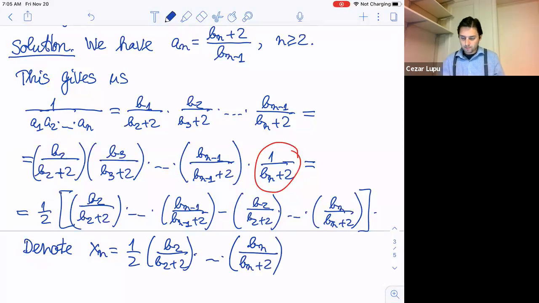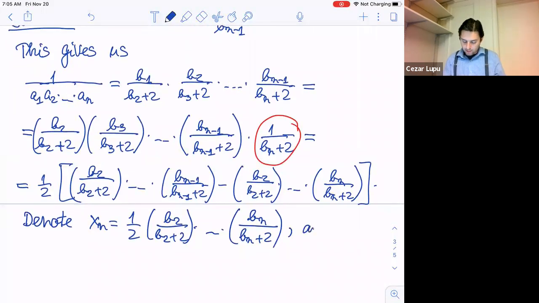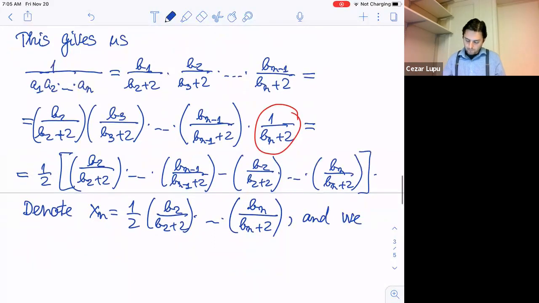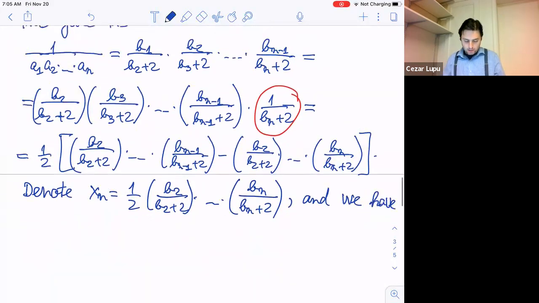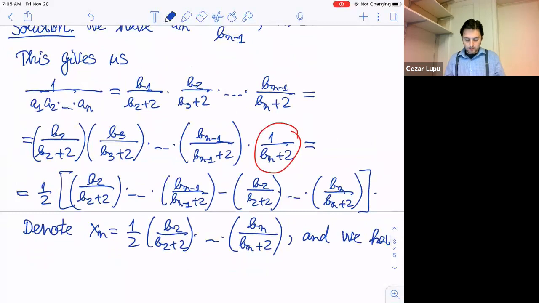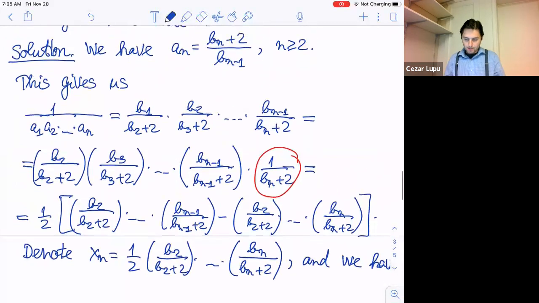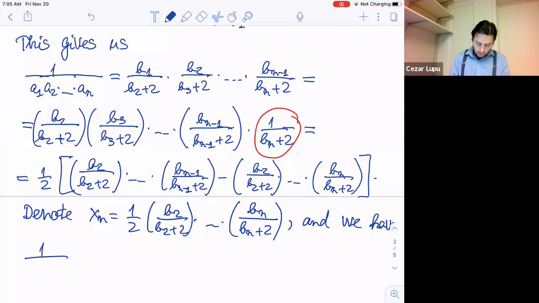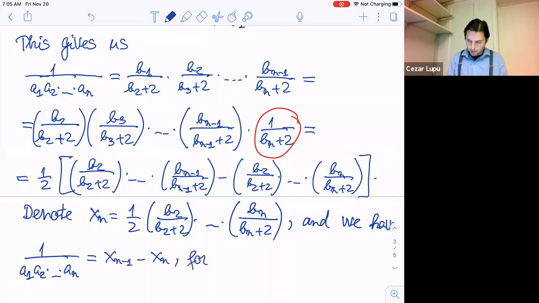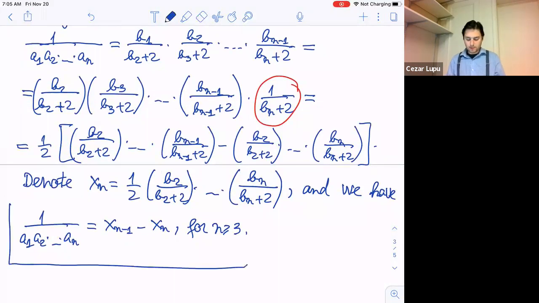So I have this product, and we have that 1 over the product A1, A2, An will be nothing else than xn minus 1 minus xn for n greater or equal than 3. So we have this equality here.